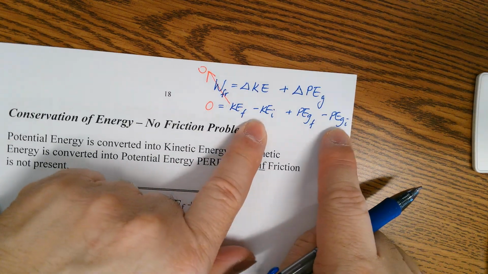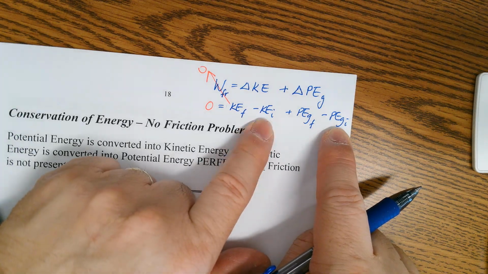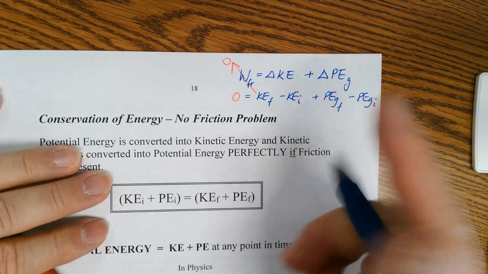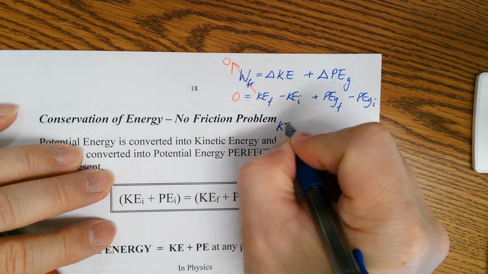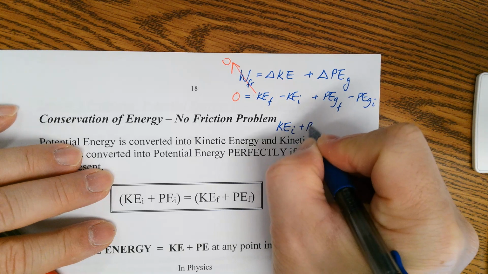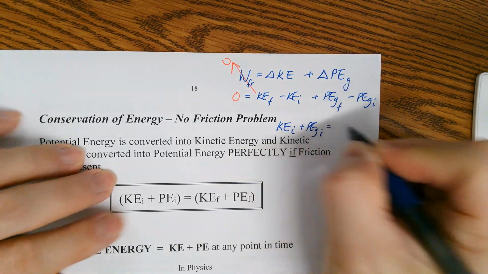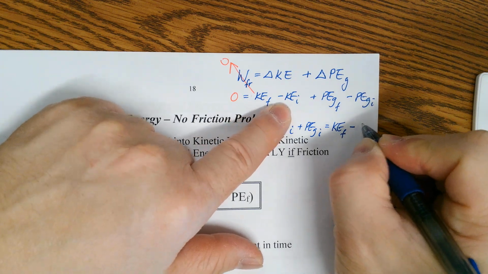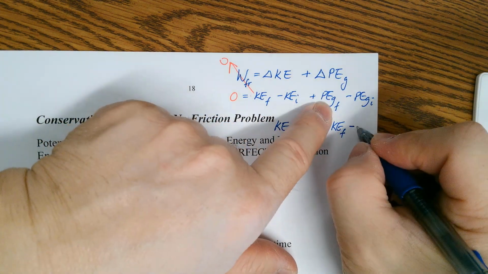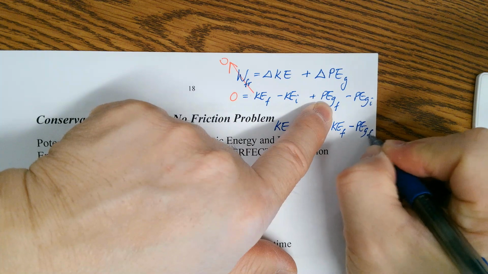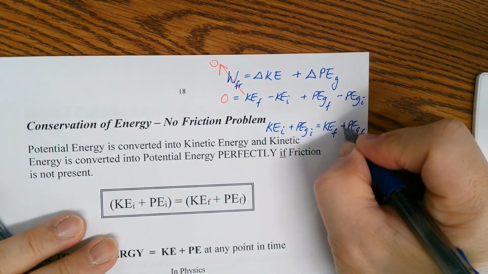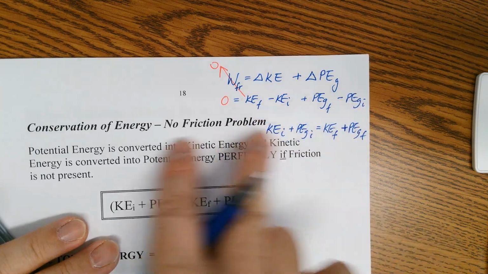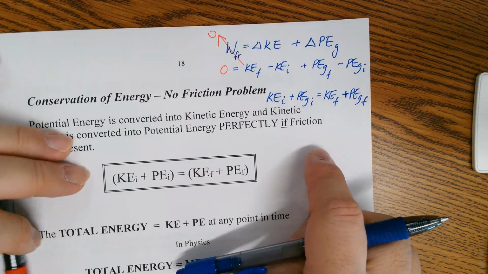If I bring the negative kinetic energy initial and negative gravitational potential energy initial to the other side of the equal sign, they become positive. So kinetic energy initial plus gravitational potential energy initial is equal to kinetic energy final plus gravitational potential energy final. So what does that mean?